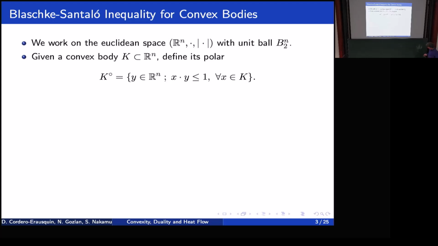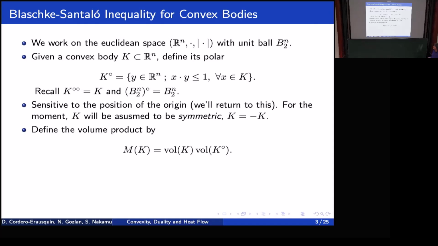This definition is, of course, very much dependent on the choice of the origin. But first note that if you take the operation twice, this is basically the bipolar theorem. This tells you that you end up again in K, and the Euclidean ball is a fixed point for this operation.